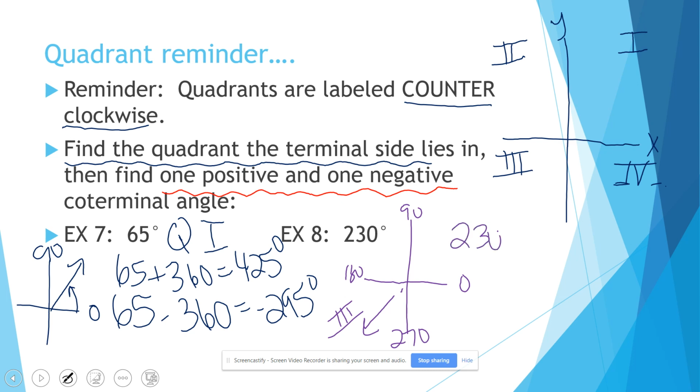Now I'm going to take 230 plus 360, which gives me 590 degrees. And then 230 minus 360, which is negative 130 degrees. So 230 degrees has a terminal side in quadrant 3 with coterminal angles at 590 degrees and negative 130 degrees.